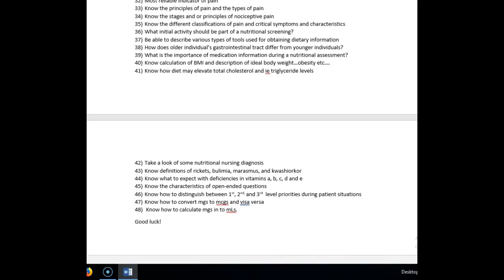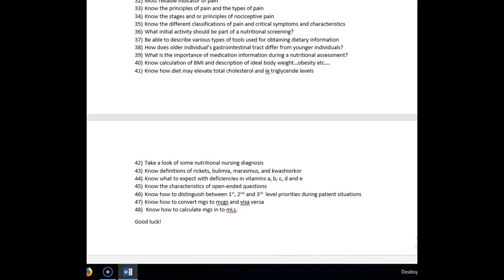We talked about open-ended questions. Know the purpose of an open-ended question. Know what we're checking for as far as PQRSTU when we talk about pain. Know what things you're assessing. What does that PQRSTU stand for? Because you hear us say that quite a bit.